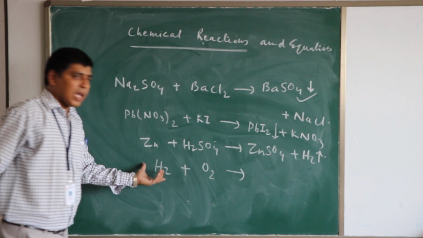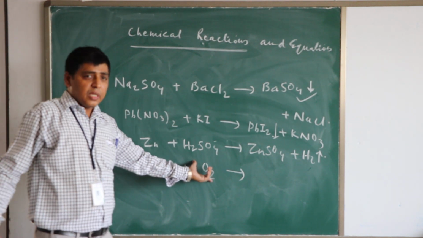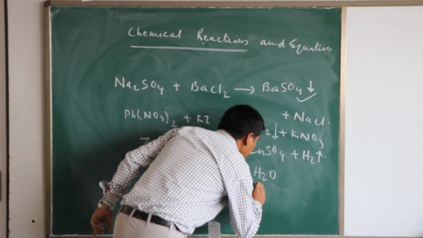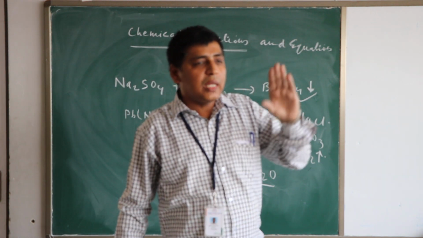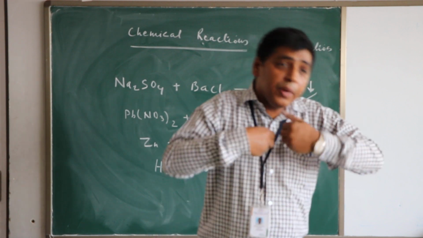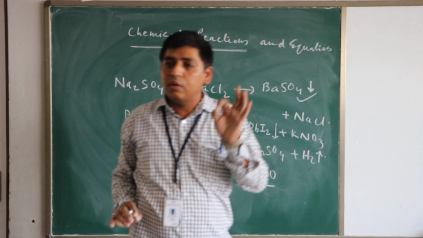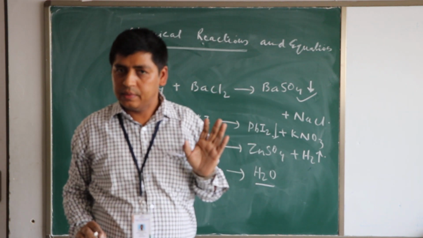What is the physical state of this one? Gas. What is the physical state of this one? Gas. But we are getting water. So these are the features for a chemical reaction to take place. It does not mean that for every chemical reaction all of these will be there. But if one of the criteria is there, then only you can say that a chemical reaction has taken place.